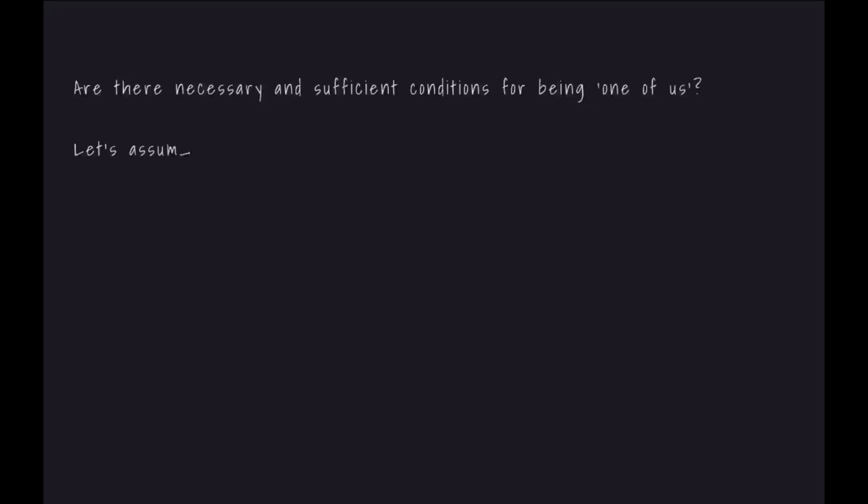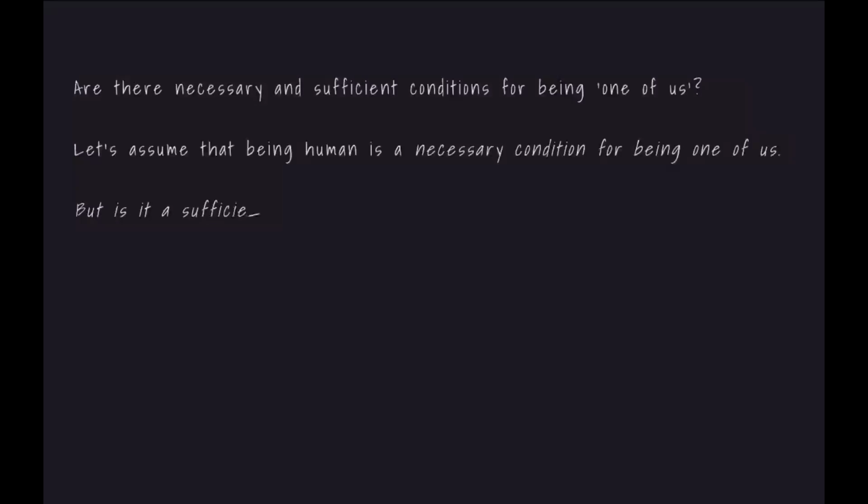A simplifying assumption that many people make in debating these arguments about therapeutic cloning and the moral status of the embryo is that being human is a necessary condition for being one of us. Then what is left is to ask, is being human also a sufficient condition for being one of us? If this is the case, then given that the embryo is human from the moment of syngamy, the embryo would count as one of us from the same moment.